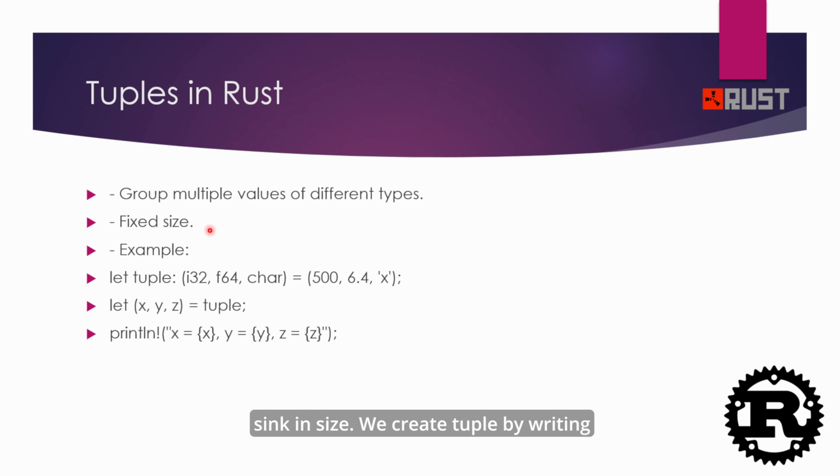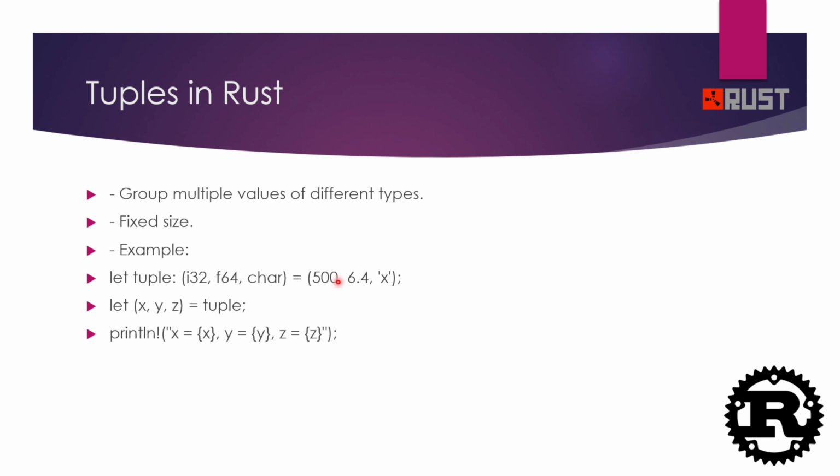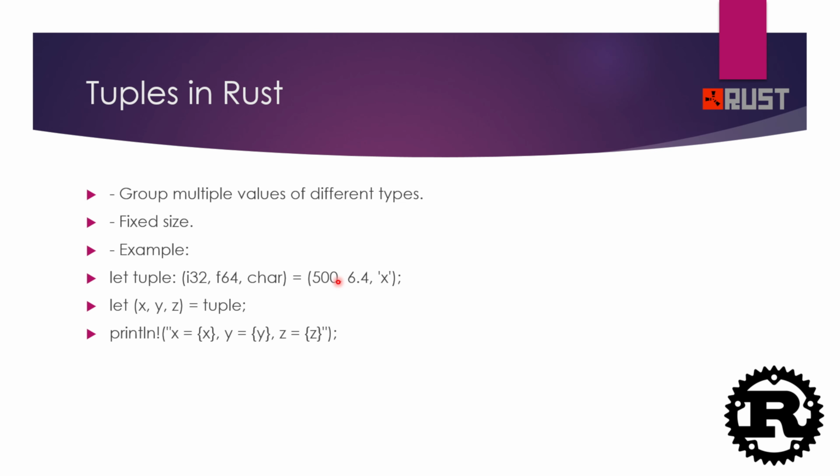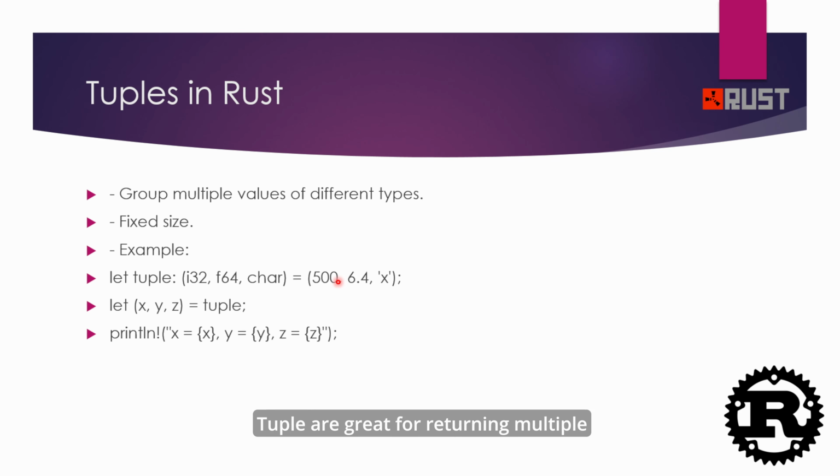We create a tuple by writing a comma separated list of values inside parentheses. Each position in a tuple has a type, and the types of different values in the tuple don't have to be the same. Tuples are great for returning multiple values from a function. We will practice creating and destructuring tuples in upcoming videos.